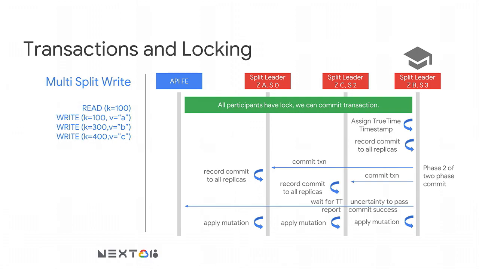What happens in Spanner is wound-wait. Basically, it is going to abort the transaction that is younger. The front end knows the ordering of the transactions, and if it sees a looming deadlock, we abort the younger transaction, let the older transaction proceed, and then we just retry the younger transaction that we aborted.